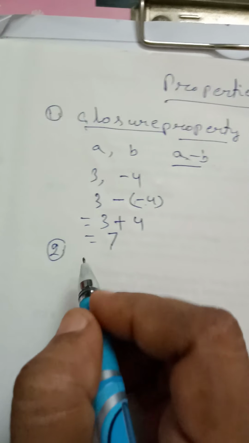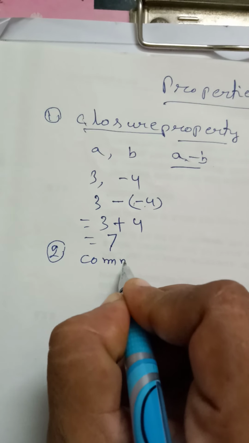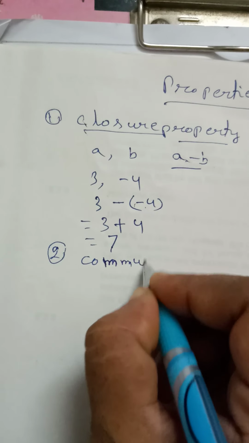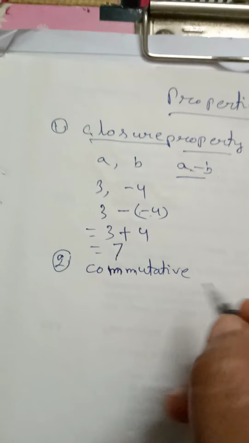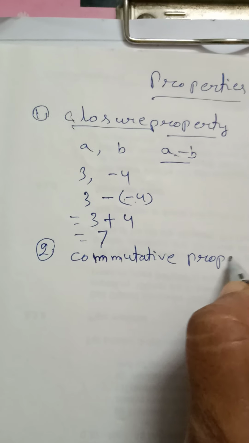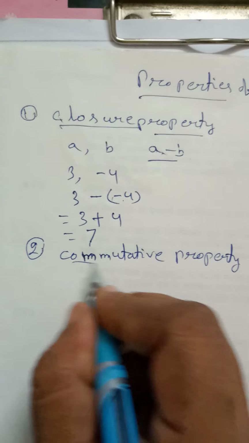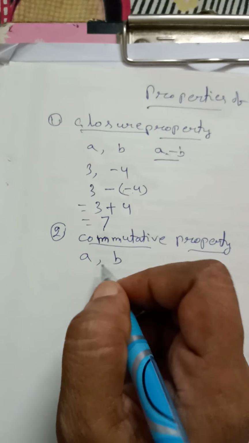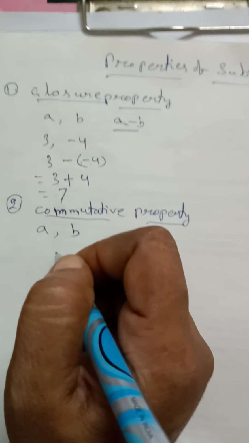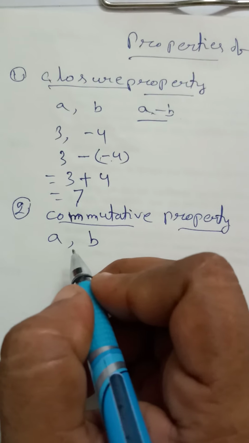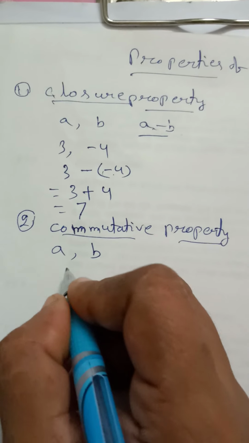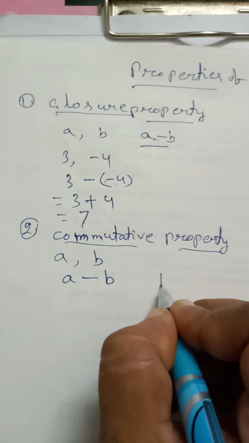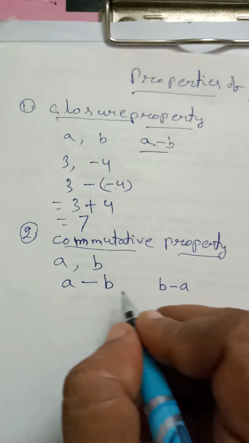Next is the commutative property. In addition, what did we learn about the commutative property? If a and b are integers and their order is changed, it does not affect the result. Here we will see whether it affects or not. If a and b are two integers, are a minus b and b minus a equal?